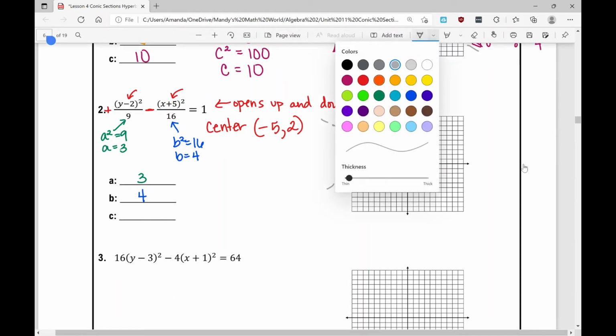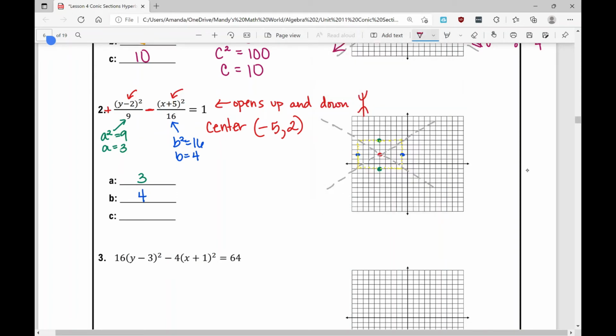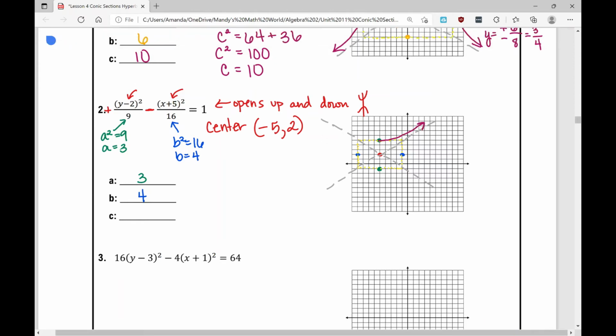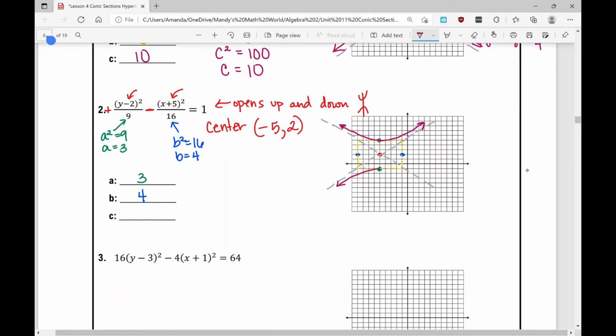And now we're going to graph our hyperbola. And the hyperbola is going to open up or down. So there's my vertex. It's going to approach that asymptote and that asymptote. It's going to go through this bottom vertex and approach that asymptote and this asymptote.